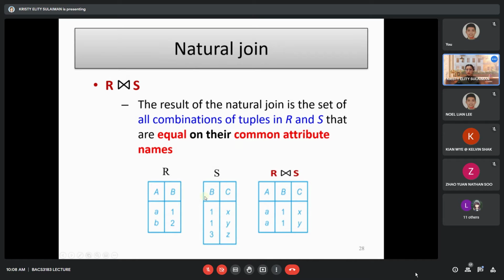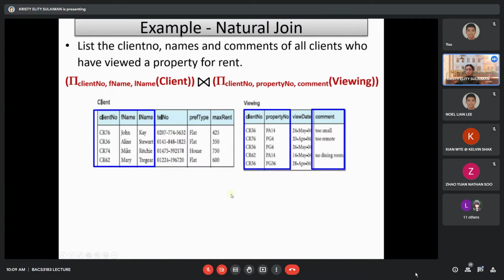Let's look at an example of natural join using our DreamHome database. Here we want to list the client number, names, and comments of all clients who have viewed a property for rent.